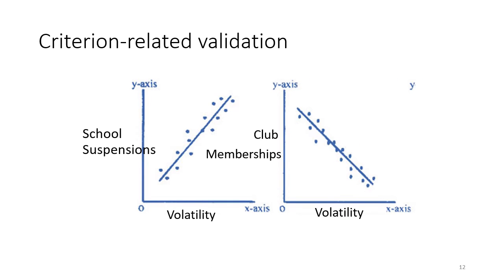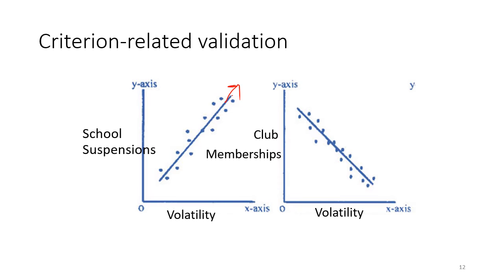All right. We also have criterion-related validation. And so if we say that volatility actually measures something in real life, then we might expect that really highly volatile adolescents get suspended from school more. So as volatility goes up, the number of suspensions a person has goes up, and you know that each of these dots represents an individual.